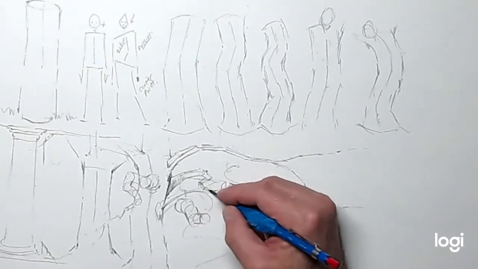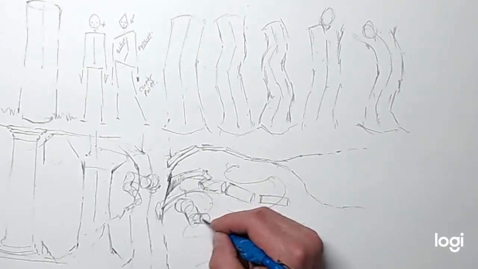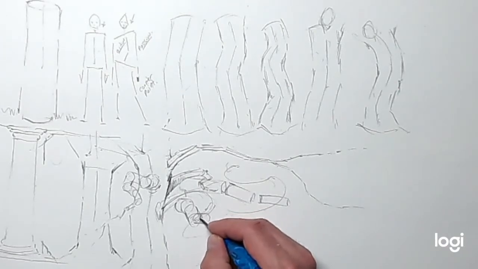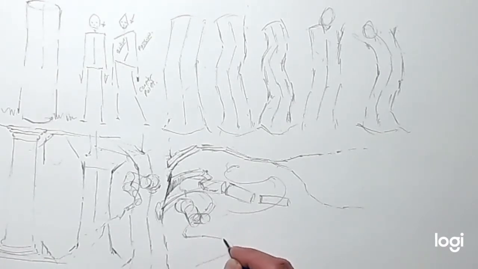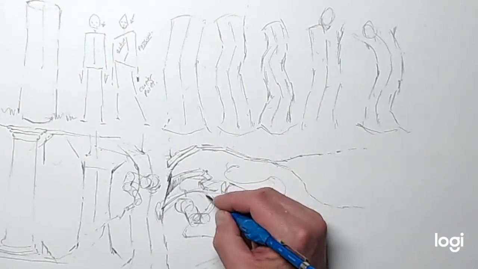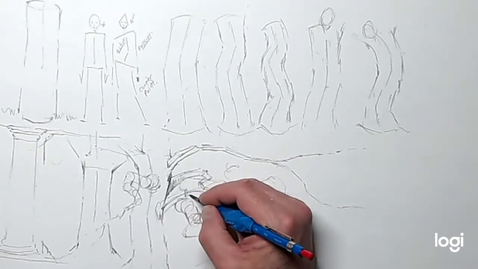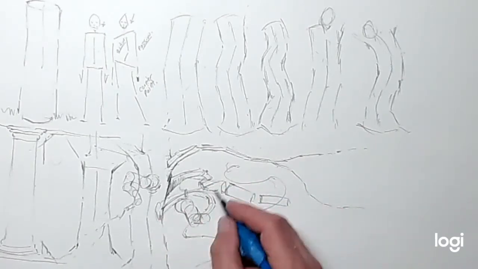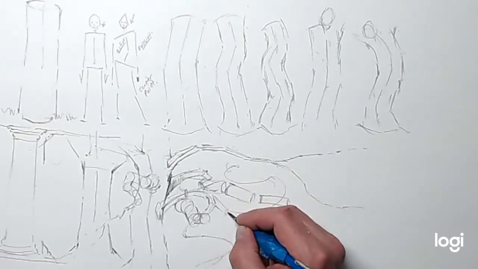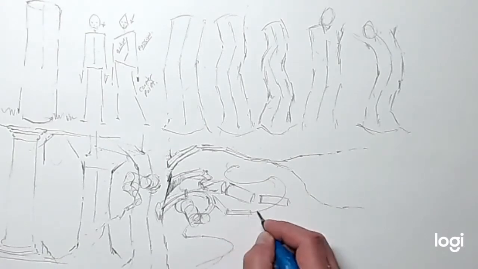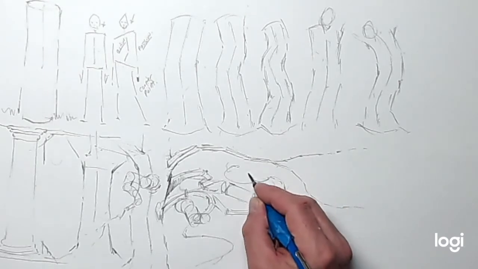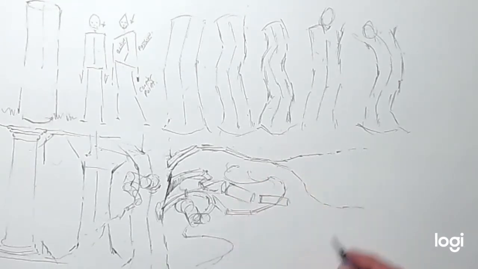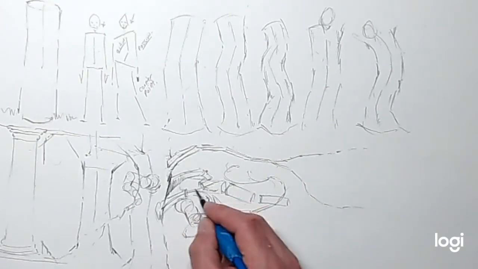So right now it's just kind of a line, but how am I going to go from this line to something that's, and that can feel a lot more organic.